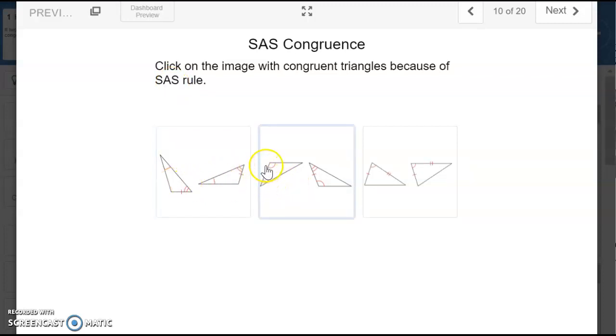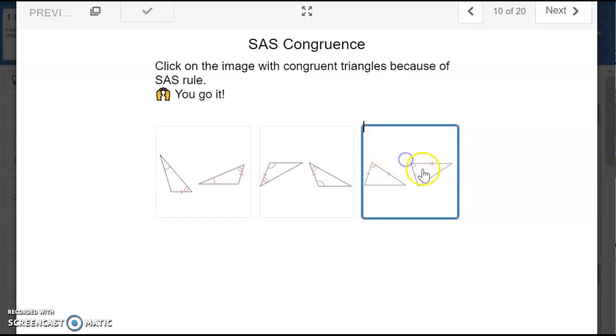Here we have two angles again. We don't want that. We need two sides. I have one pair of sides here and another pair of sides here, and the angle that is congruent is in between the two sides that are congruent. So it's this one.